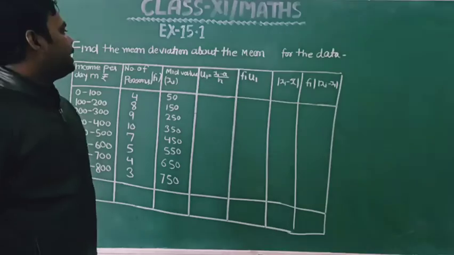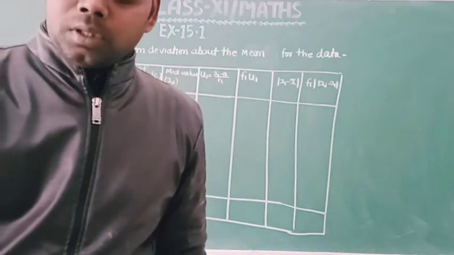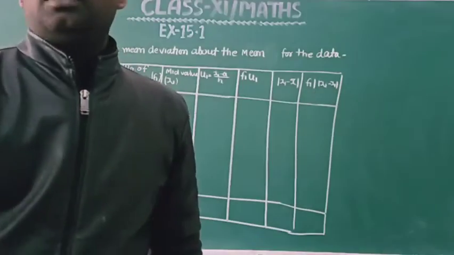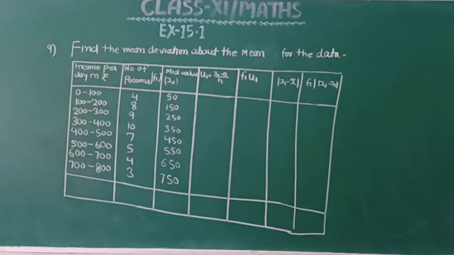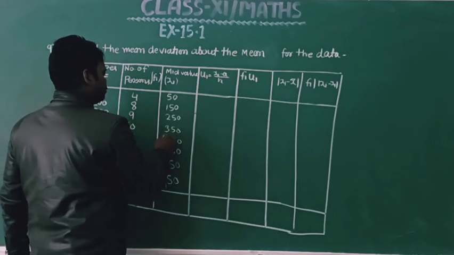Here, we mostly assume a to be the middle value of the given observations.